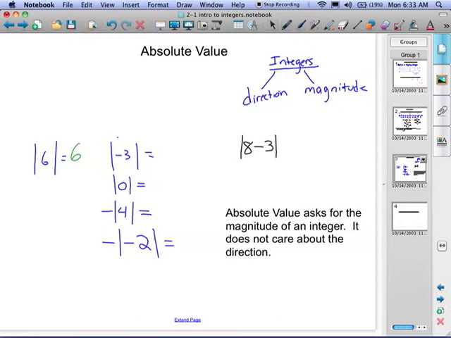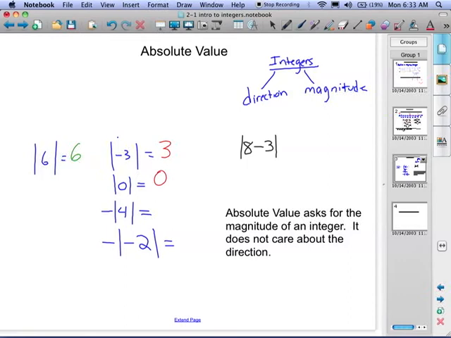And the absolute value has these parallel lines that surround the number. So the absolute value of -3 is going to be what? How many units away from 0 is -3? It is 3 units away. It doesn't matter that it was negative to begin with. Now we just want to know that it's 3 units away from 0. How about the absolute value of 0? It is 0 units away from itself.